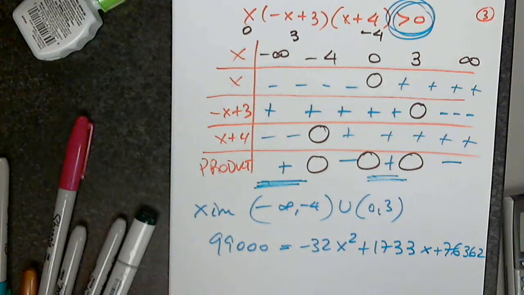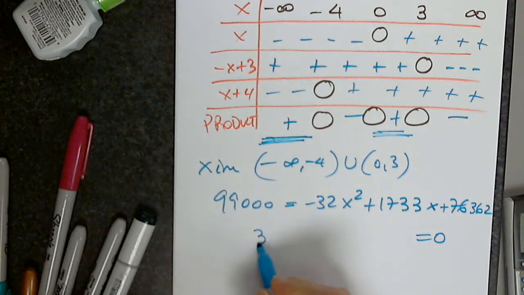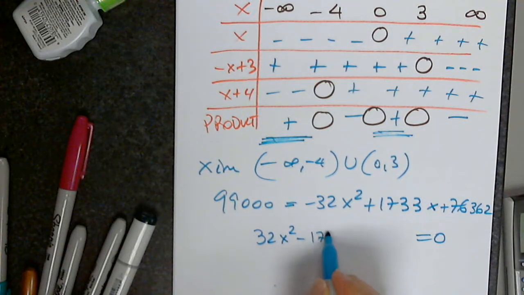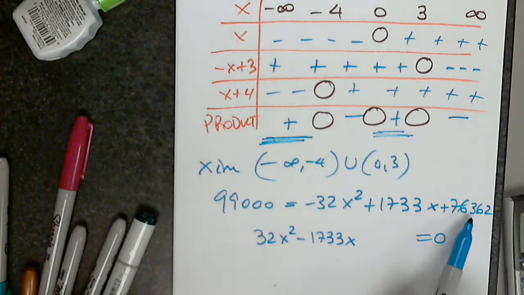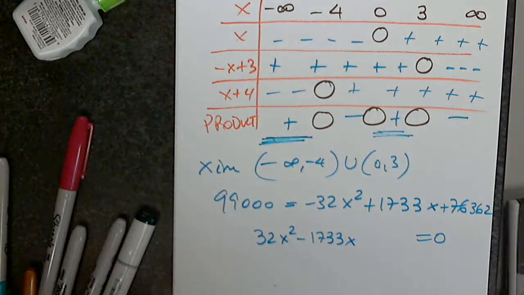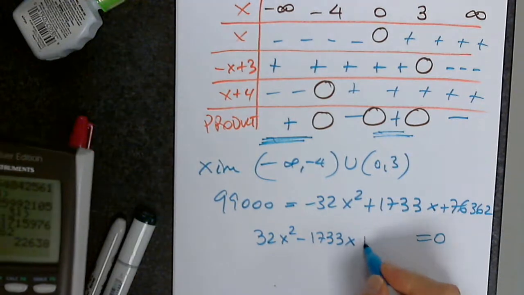We have to set it equal to 0. I move all terms to the other side, and I get 32x squared minus 1733x. And how much is 99,000 minus 76,362? As you see, I'm lazy tonight. I got 22,638.